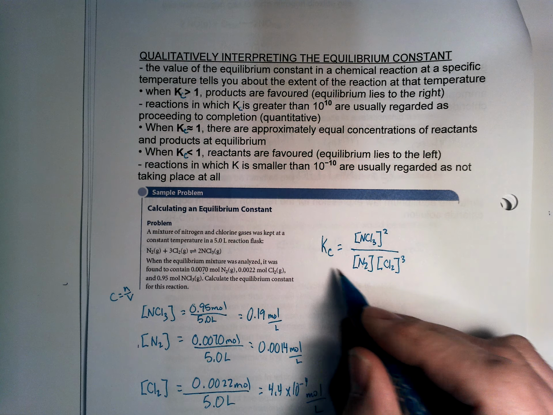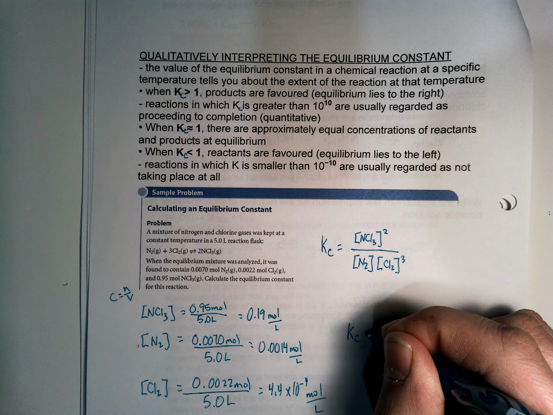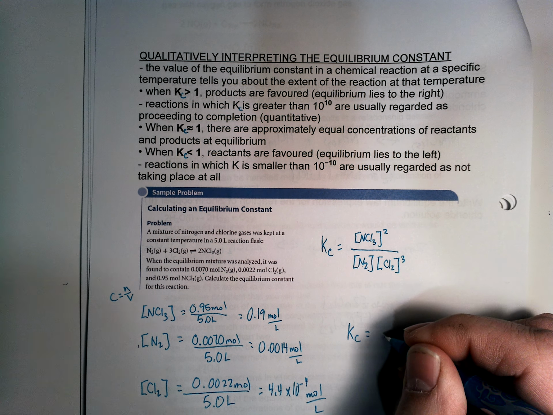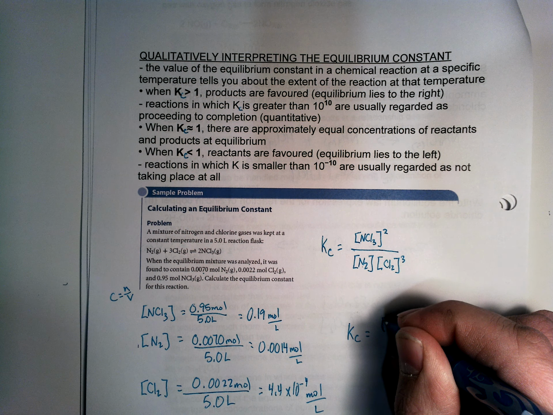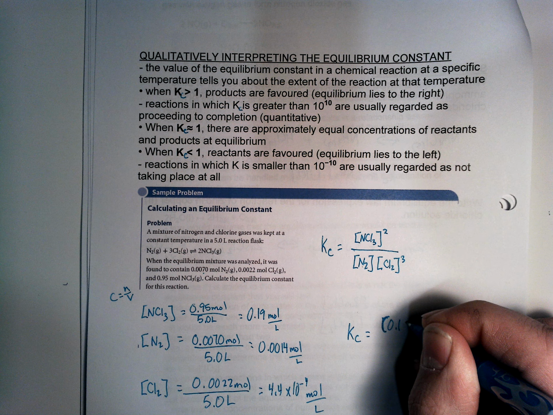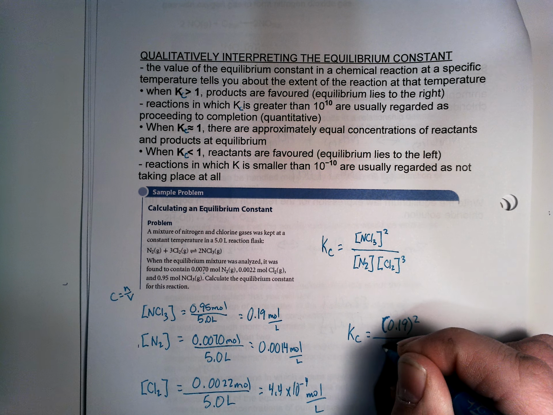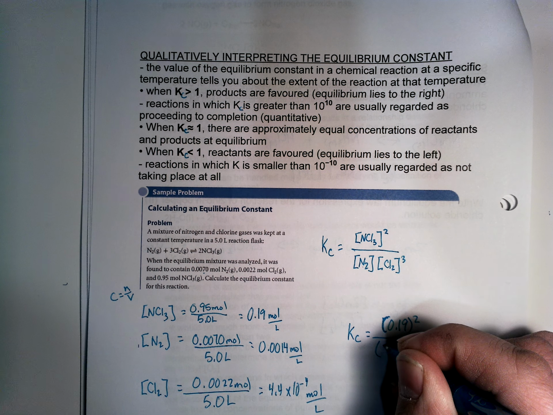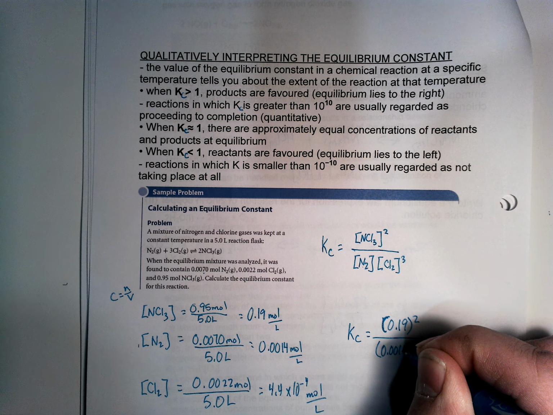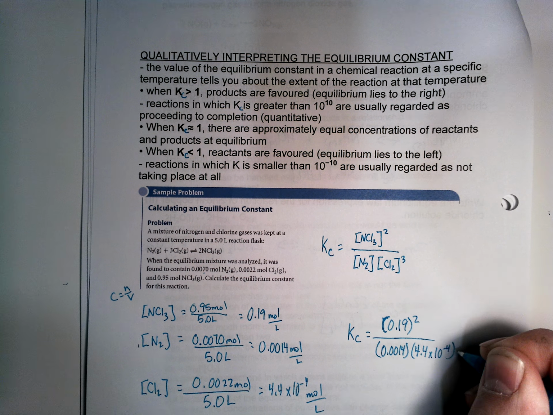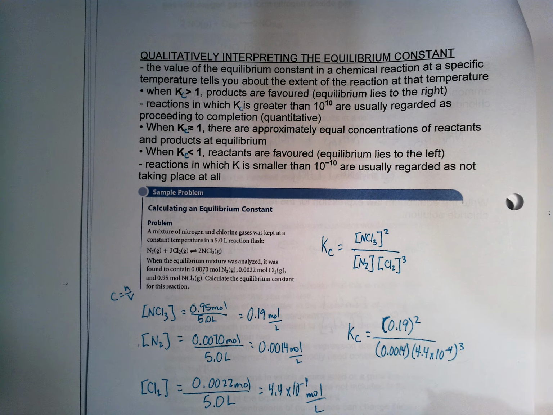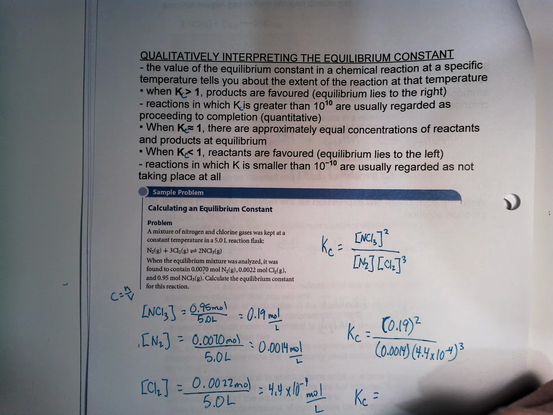Now we put those numbers into our equilibrium law. So we have 0.19 squared over 0.0014 times 4.4 times 10 to the -4, and that will give us our equilibrium constant.